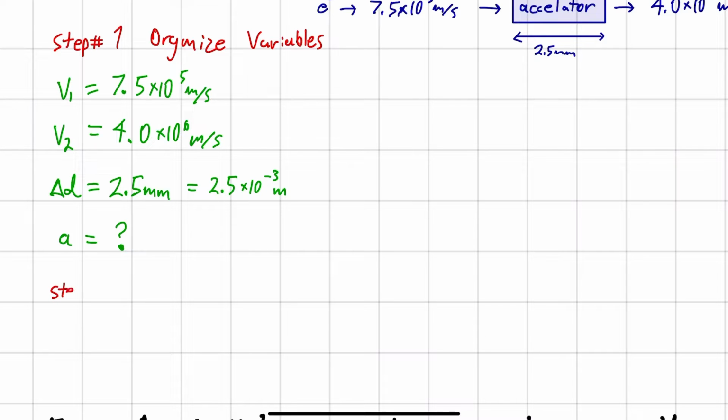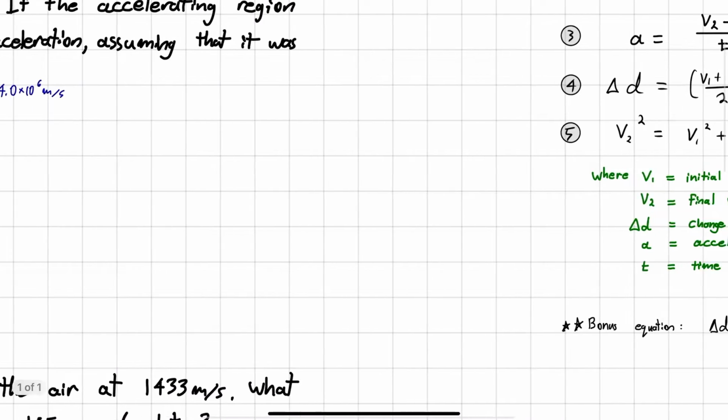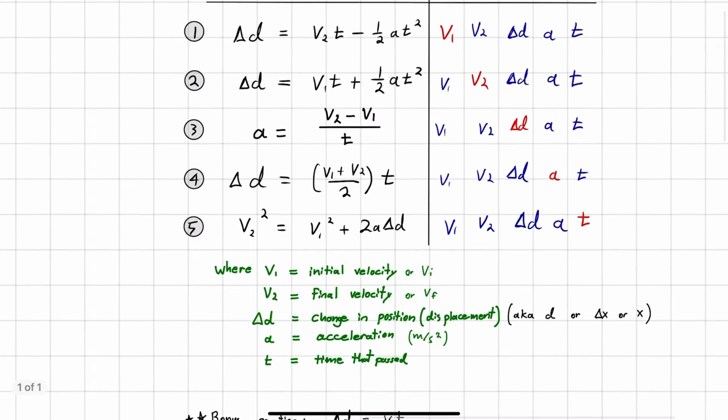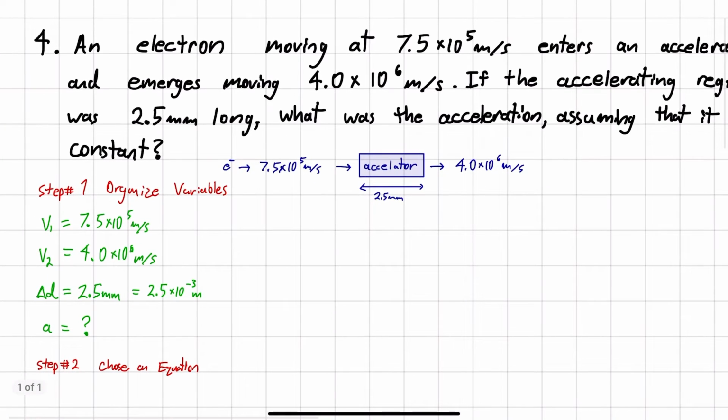All right, so moving on to step 2 now. We've got our variables organized. Now step 2 is to choose an equation. So we have our 5 equations over here, and we're going to choose which one to use. All right, so how do we do that? Well, we look at our variables that were given, V1, V2, delta D, and then the one we're looking to find is acceleration.